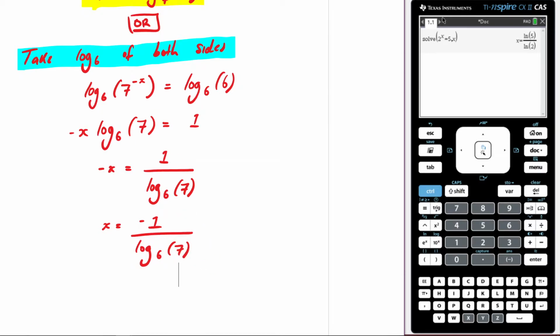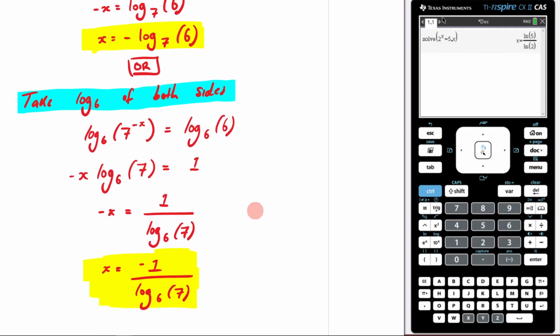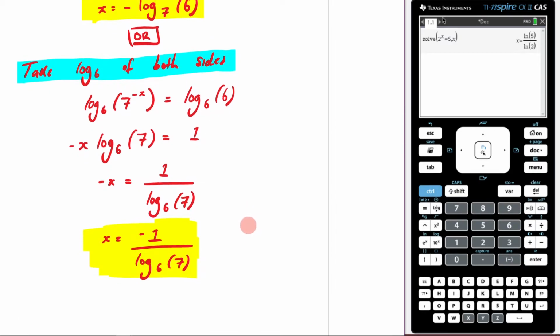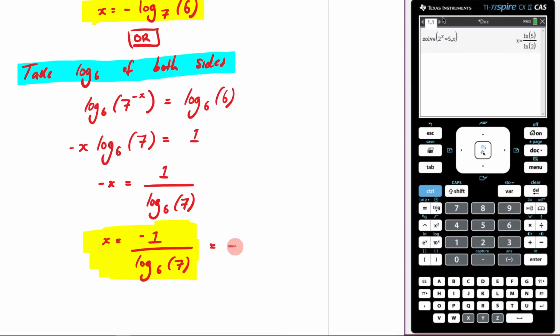And there it is. Now, this is a different way of saying our change of base rule. So if we come up here for a moment, this is the same as that. So this is equal to negative log base 7 of 6. And that is a different way of saying this.